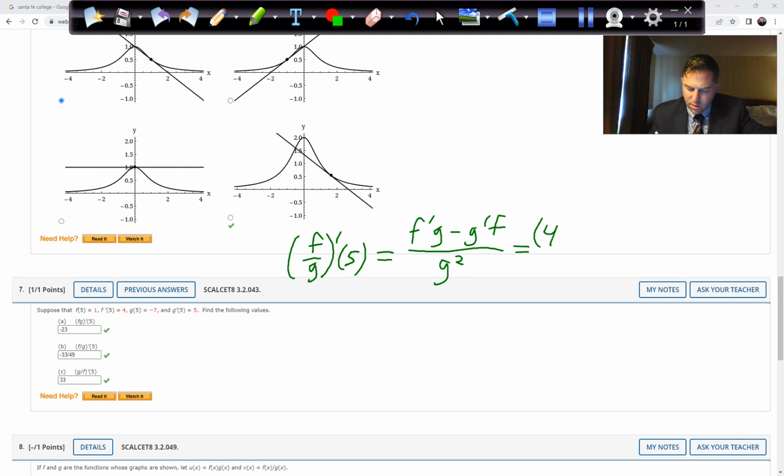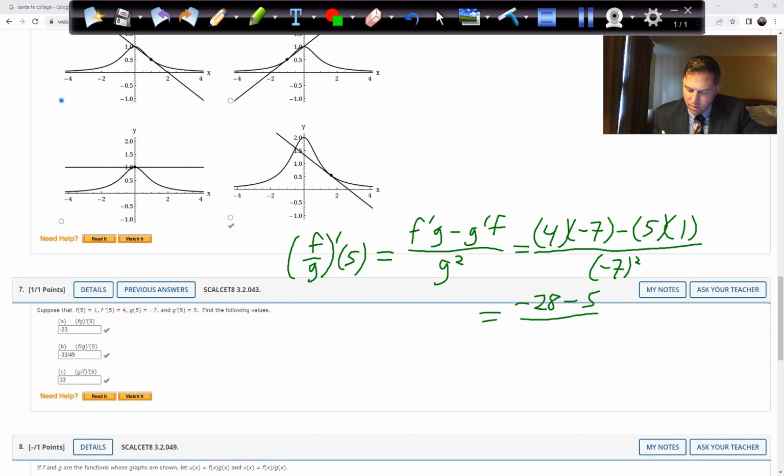So this would be 4 times the original g, which was minus 7, minus g prime at 5, which is 5, times the original f, which is 1, all over the original g, which is negative 7, squared. So this is going to be minus 28 minus 5 all over minus 7 squared, which is positive 49. These two negative numbers will combine and become minus 33 over 49.